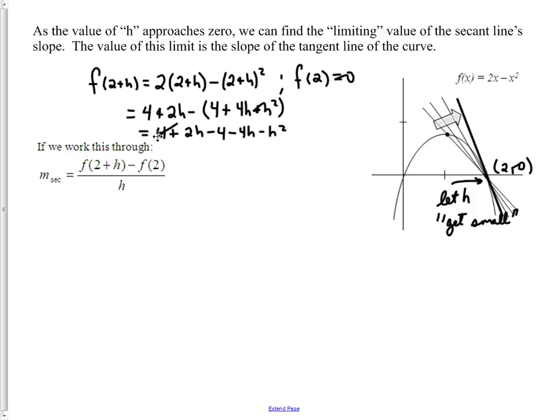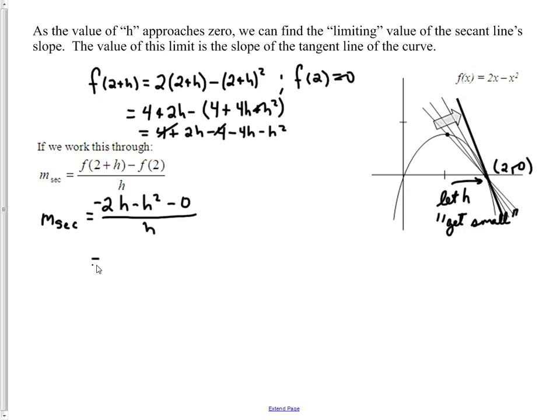Well, there's the 4's, by the way. Those should go. So the slope of our secant line is 2h minus 4h, so that's negative 2h minus h squared, minus 0, all divided by h.